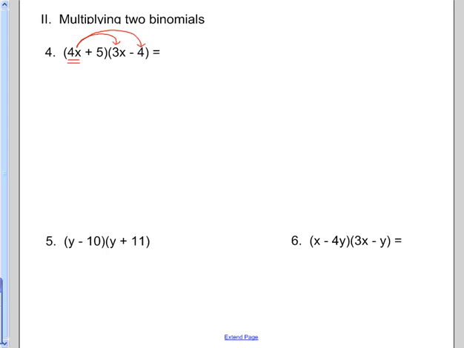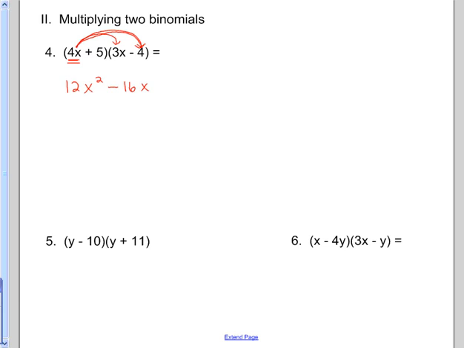The first thing I'm going to be doing is multiplying 4x times 3x, which will give me 12x squared, adding the exponents. Then I multiply 4x times negative 4, which would be negative 16x. So I've just distributed the 4x.